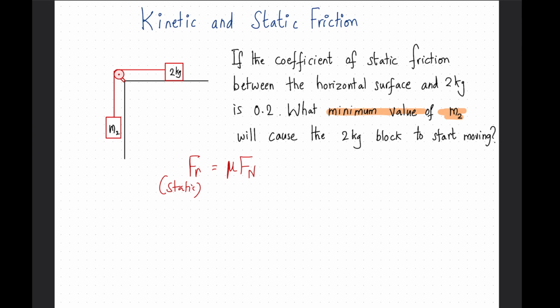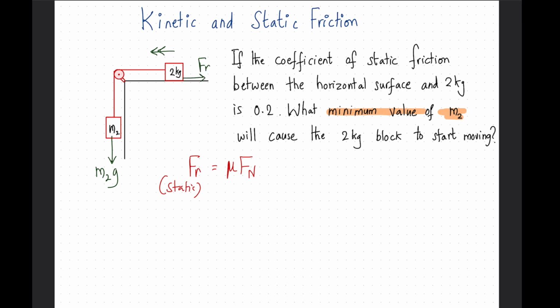If we see the forces acting on the system, M2g is going to act vertically downwards, and if the 2 kg starts moving, it will move towards the left, so we'll have friction acting towards the right.